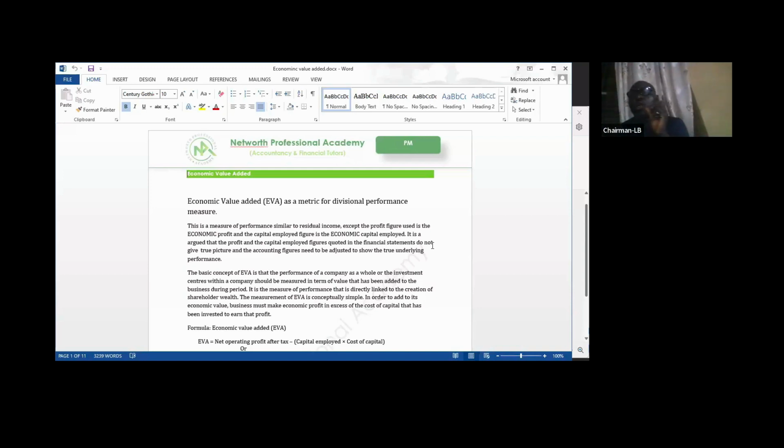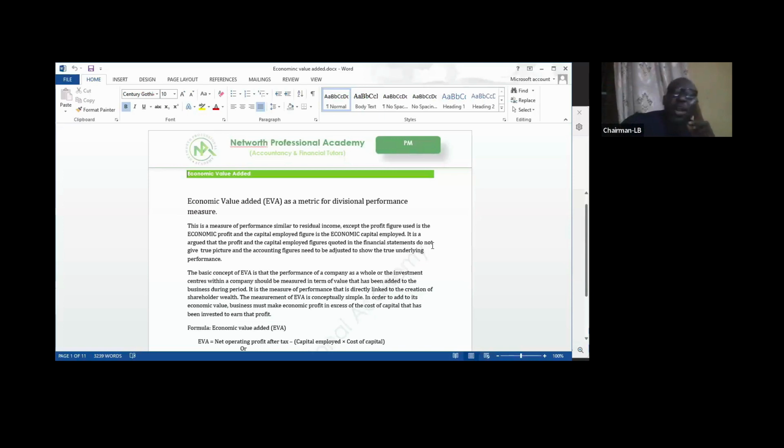If you recall, if you have to calculate residual income, the formula is your accounting profit before interest and tax minus imputed interest charges.